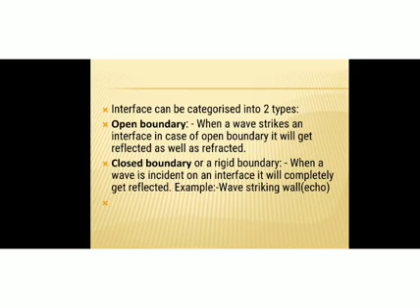Okay, so when the wave strikes an open boundary, the wave gets reflected as well as refracted. At the same time, when the wave is incident on an interface of a closed boundary, it will be completely reflected. Example, a wave striking a wall. It is a closed boundary or rigid boundary. So in such a case, the waves will be completely reflected. Okay, so these are about the two boundaries.